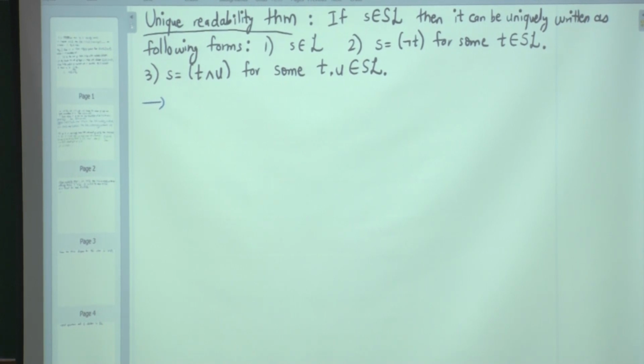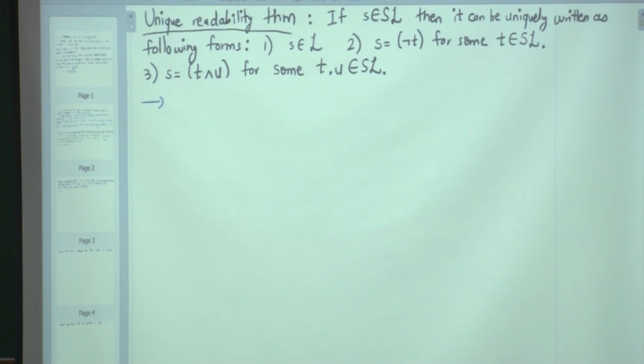So either T can be a variable, or the first letter in T can be a parenthesis or a propositional variable. Whereas, look at form 2. In form 2, what is the second letter? It's negation. So therefore, they can never be equal to each other.